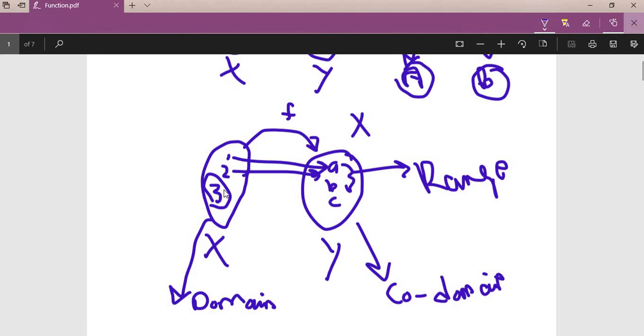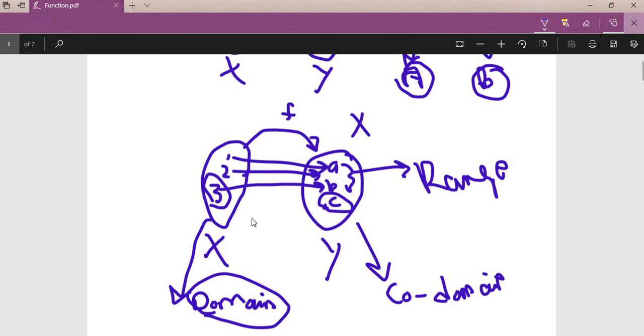But if we say that the image of 3 is B, and this C is unused, you know that there is no pre-image here, there is no 4, there is no 5, there is no number for C over here, but C is unused. Still, this is called a function. For a function, it is a rule that the set of domain is completely used.